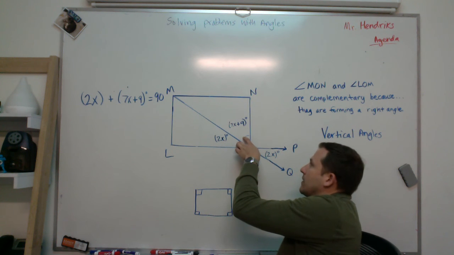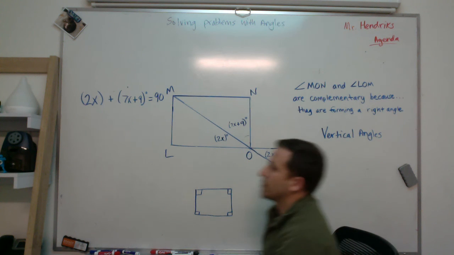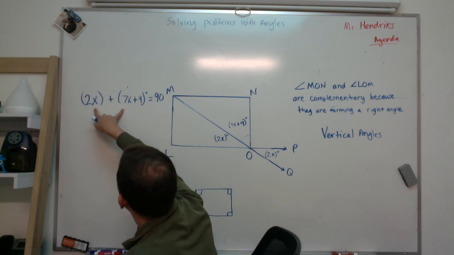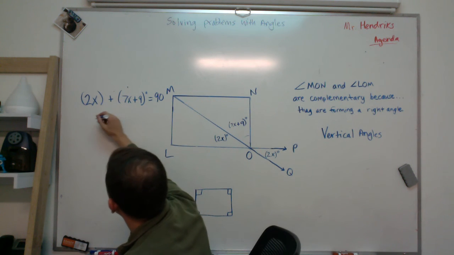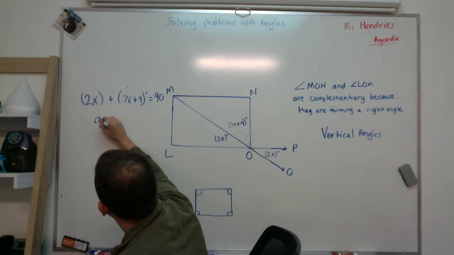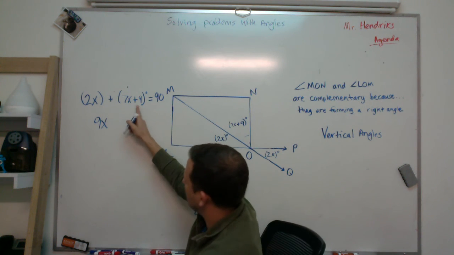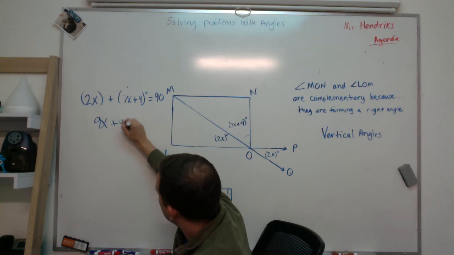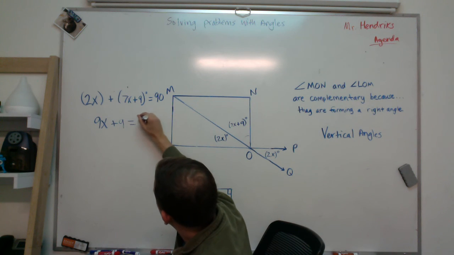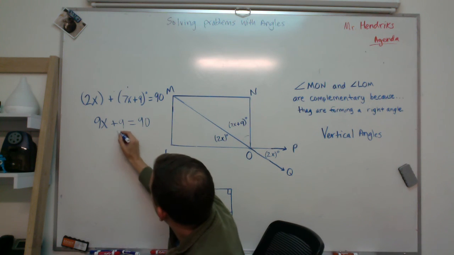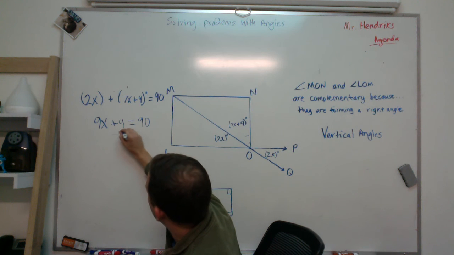This time it's 90 because we know the two angles should equal a right angle. Okay, so let's combine like terms. I've got 2x's and 7x's. That makes 9x. I only have one number term, so that just stays. It all should equal 90 degrees.